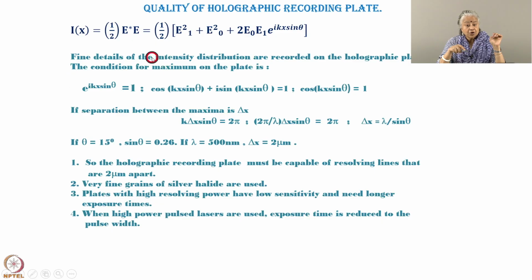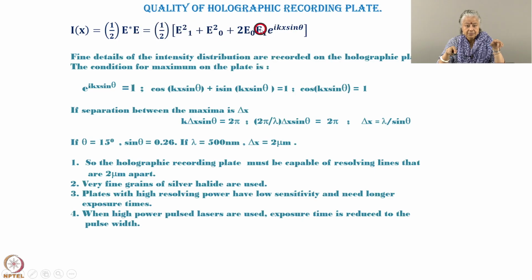The condition for maximum on the plate, maximum of that interference pattern, you know that. When will that be maximum? When e to the power i k x sin theta becomes 1. When this is 1, you will get the maximum amplitude or maximum intensity.